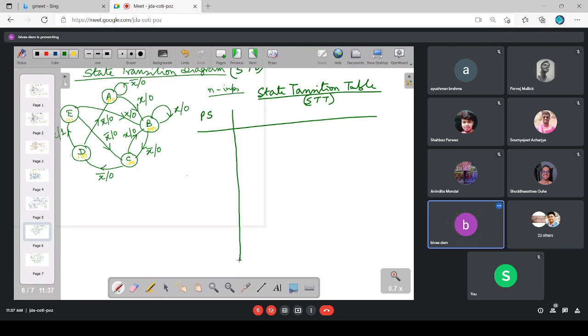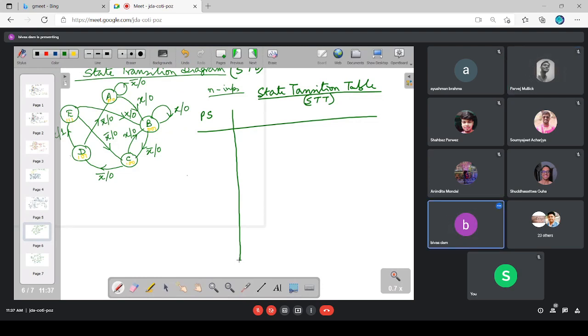Okay, by the way, how many state bits are required here? 3 state bits. Now, from the block diagram, if you can remember, where is this present state available? Output of the memory block.